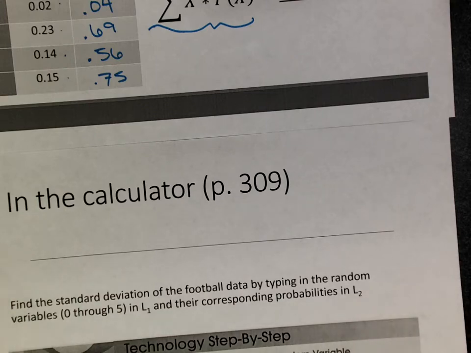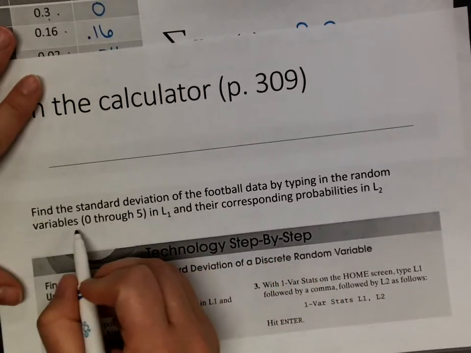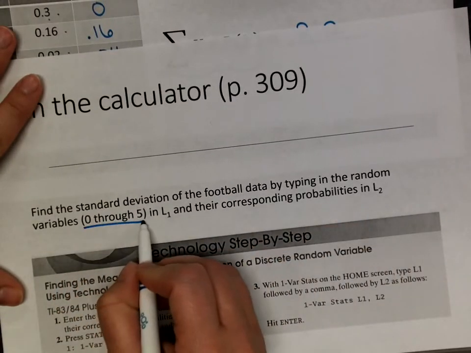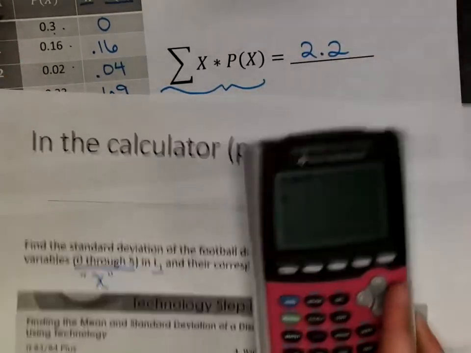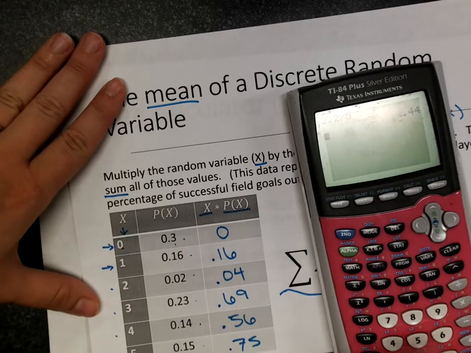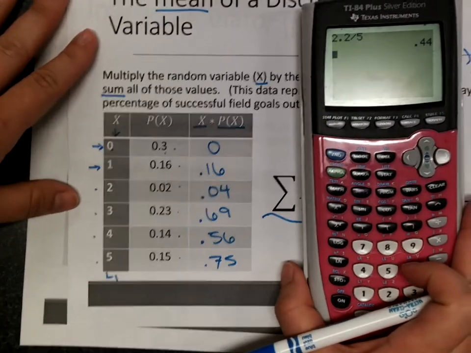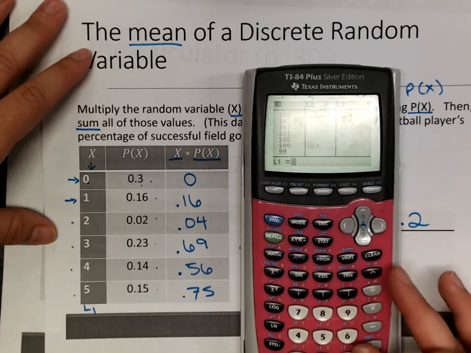Alright, so in the calculator, it explains on page 309, you take the random variables, which in this example is 0 through 5 in L1. So you take your x variables, and you put those in L1. If you want to make a note back in that slide, you put them in L1. So stat edit. I'm going to clear out whatever's in there.